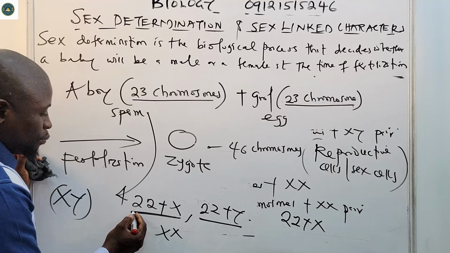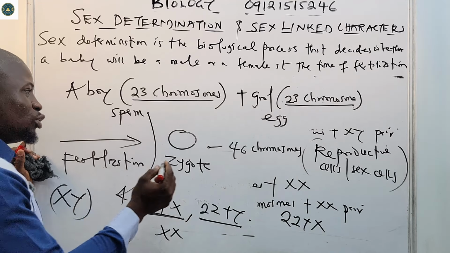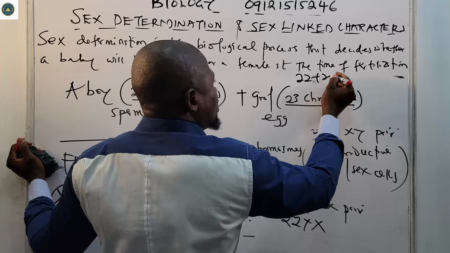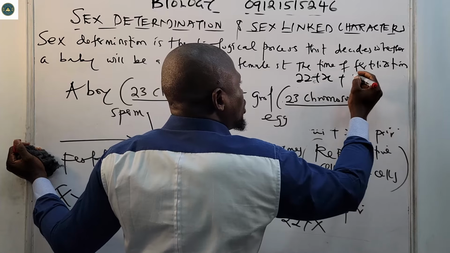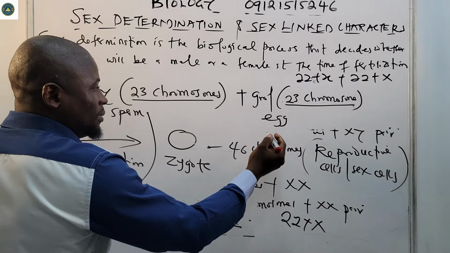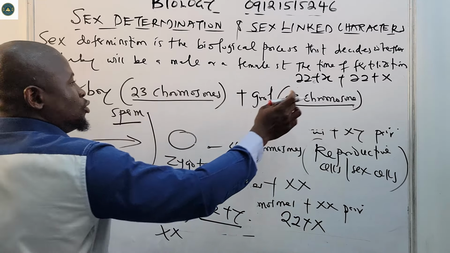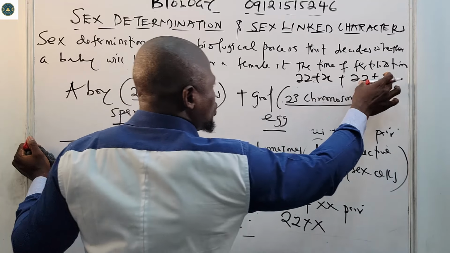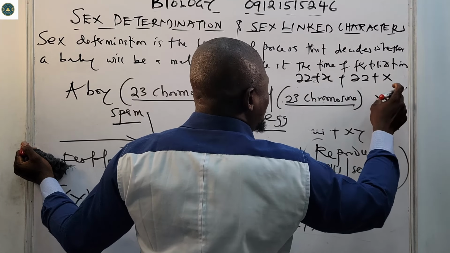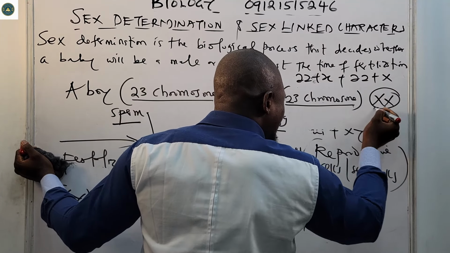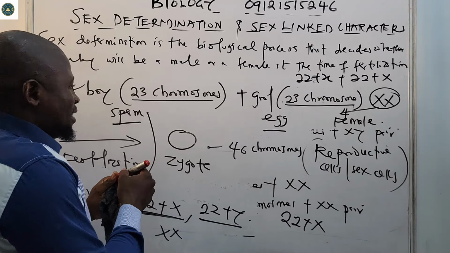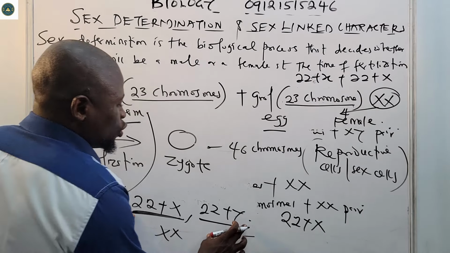If 22 plus X from the sperm is fusing with 22 plus X from the egg, XX will give XX, isn't it? That means that this individual will be a female.